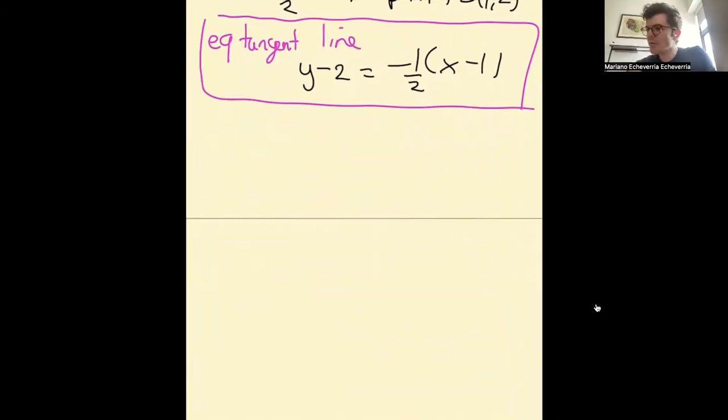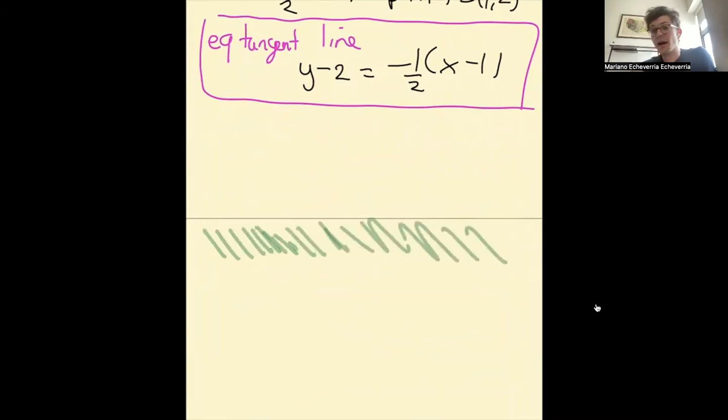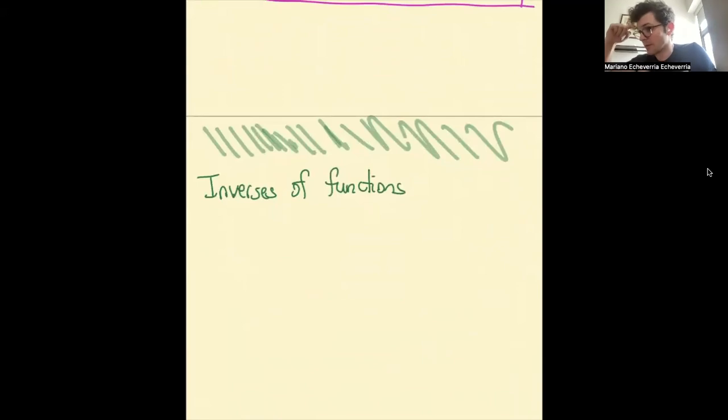Okay, so now we're going to talk about inverses of functions, and it's going to be related to what we're doing here. You'll see in a second. So let me remind you quickly about what the inverse of a function is. For this, it's nice to have the diagram view of a function.